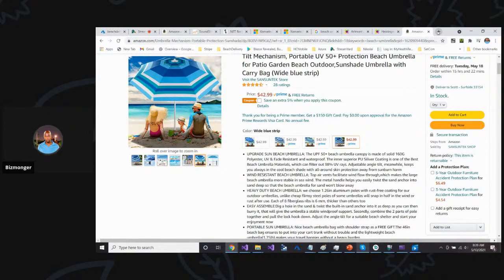So the way that this can work is, one, they can rent out an umbrella. Two, they can purchase a certain amount of product and they'll get a complimentary umbrella.